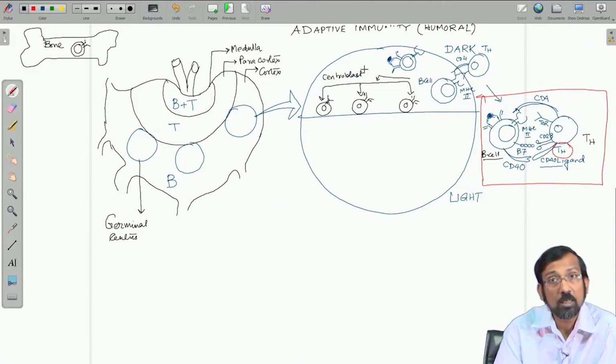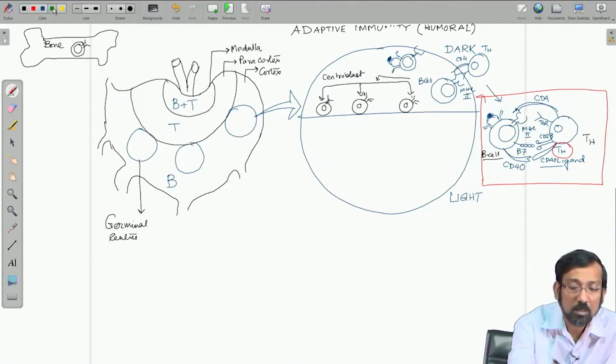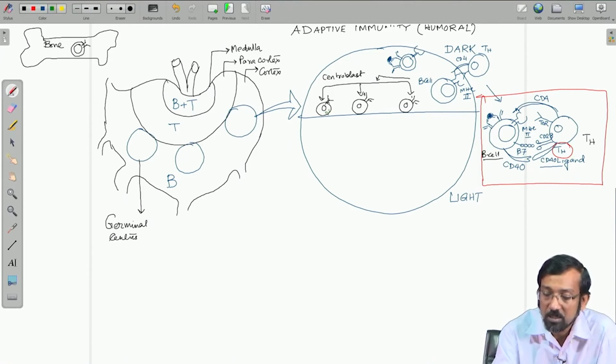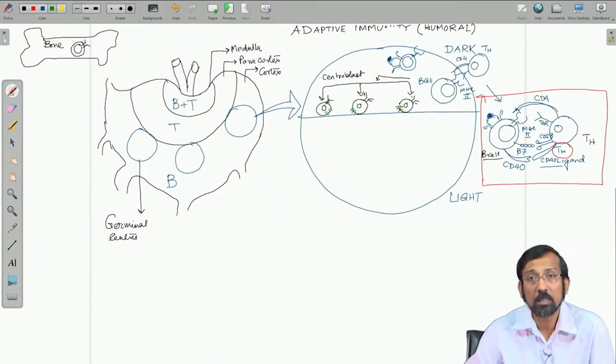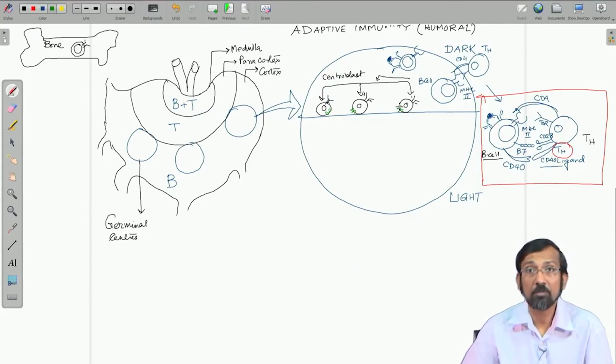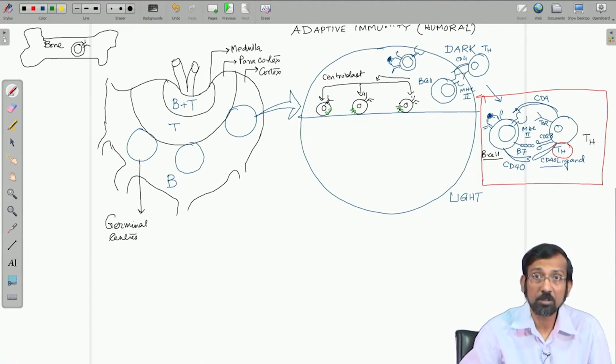Now, these centroblasts also express something else. They start to express on their surface specialized receptors that can bind to the chemokines. I have described the chemokines in one of my previous lectures, that the chemokines are chemoattractants.